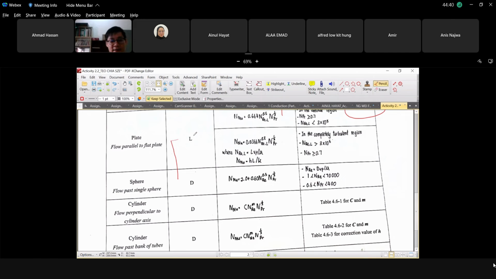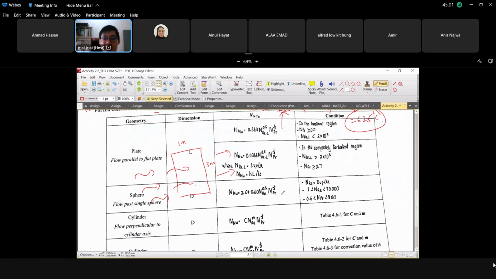Let's say I have a plate like this. Here is 1 meter. This is 3 meter. Air flows like this. For this case, what is the value of your L?